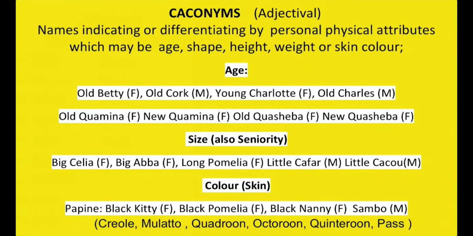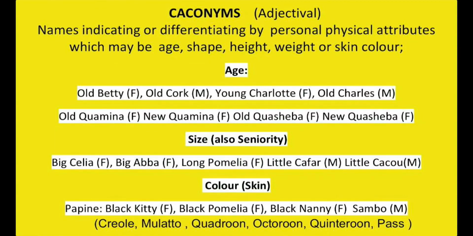In the context of slave society they were probably necessary to distinguish different enslaved people with the same names because there was a small catalog of names that circulated. So on any estate you could have 5 Marys, 4 Bessies, 6 Johns, and so forth.